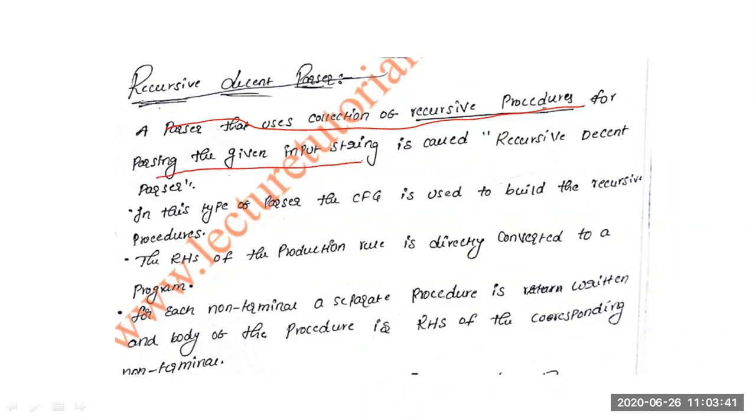Briefly, in one line: for every non-terminal in the given grammar, we write a separate procedure. Those are called recursive procedures because sometimes they may call themselves.